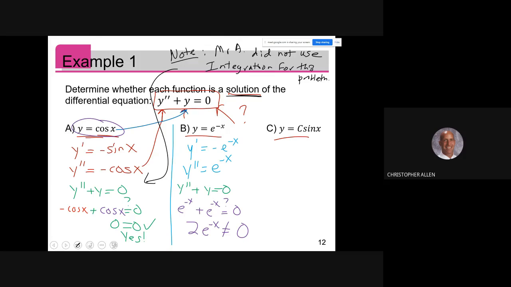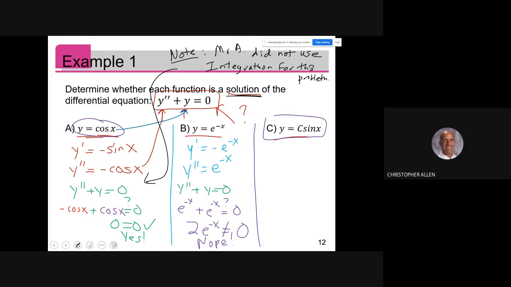So this one, Dagan was right. Nope, not a solution. Make sense? Again, did I use any integration in this problem? Did not. Would you do me a favor? Would you go ahead real quickly here? I'll give you a couple of minutes.